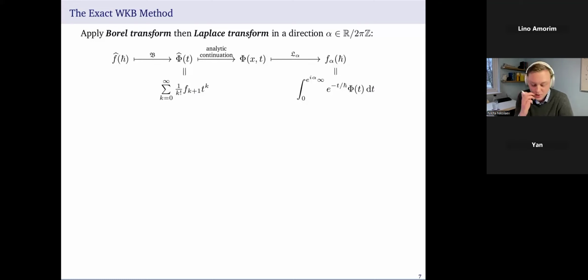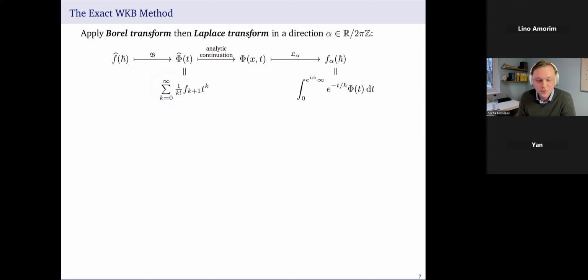So it proceeds as follows. You start with your formal power series in h bar, f hat, and the first step is to apply what is called the Borel transform, or formal Borel transform. That's what I'm calling fractur B. That is a very simple operation on power series. Here's the formula for the Borel transform.